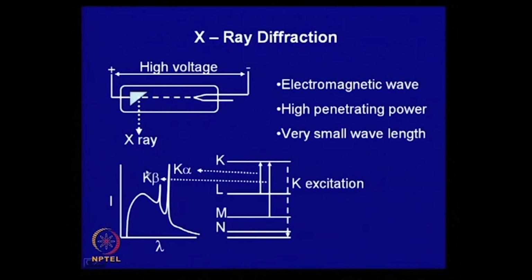Now, this characteristic wavelength is a function of atomic number, and very often in X-ray diffraction we use some specific characteristic radiation like copper radiation; copper K alpha has a wavelength of 1.54 angstrom.